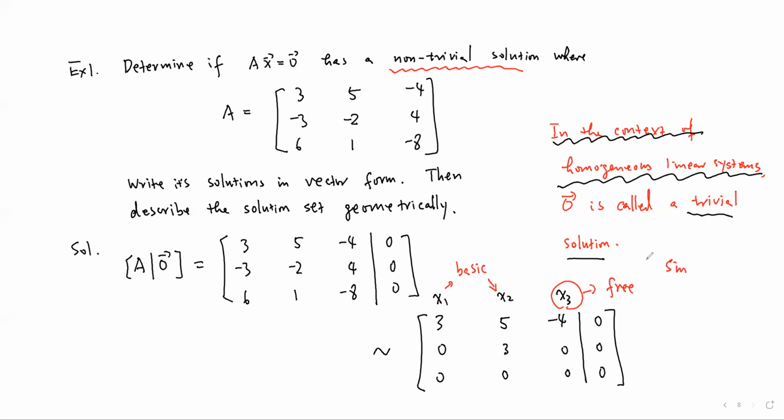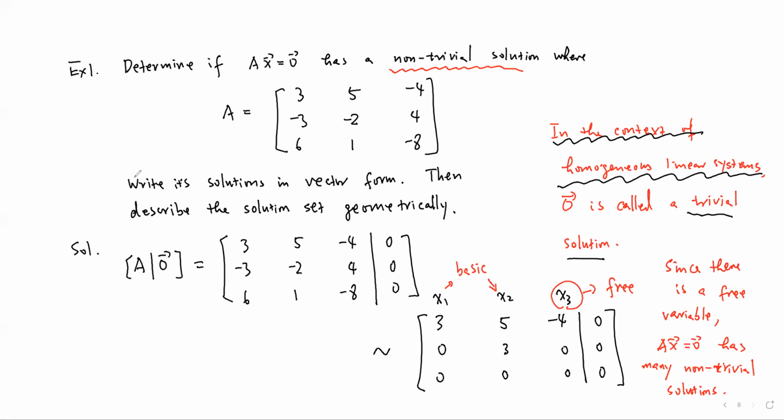Since there is a free variable, AX equals 0 has not just one, but infinitely many non-trivial solutions. This is the answer to the first question.